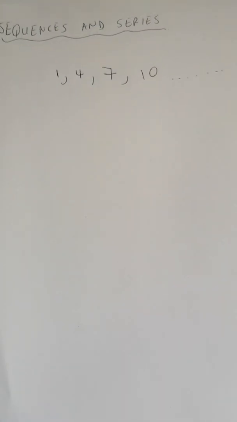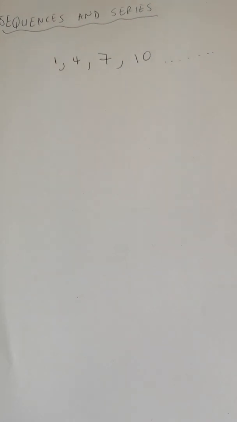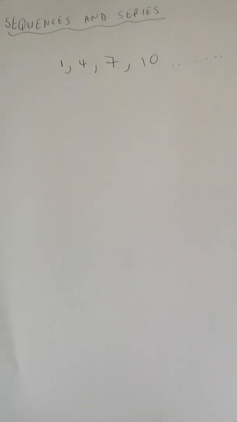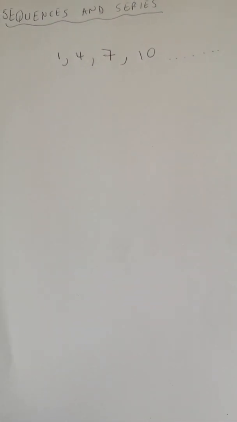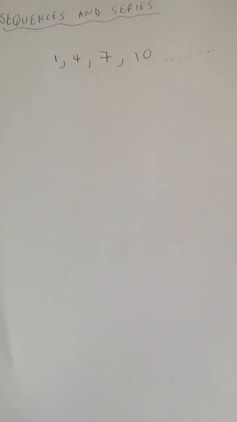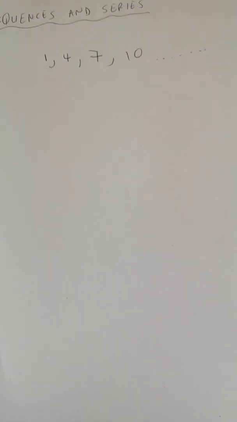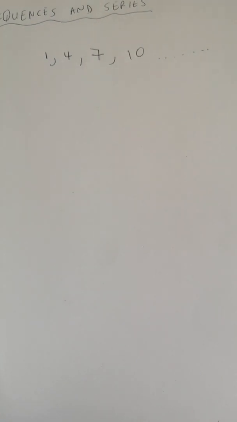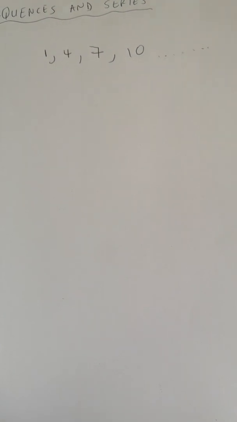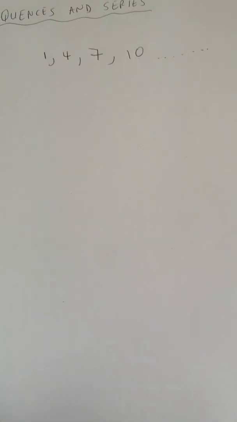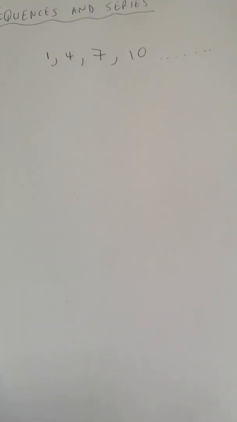From this sequence, you can easily observe that there is a pattern that these numbers follow from one to the other. So for example, from 1 to 4, you see there's a difference of 3. From 4 to 7, there's a difference of 3. From 7 to 10, there is a difference of 3 again.